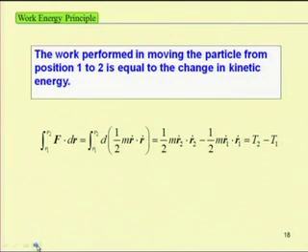Now let us see what the work energy principle is. The work performed in moving a particle from position 1 to 2 is equal to the change in its kinetic energy. From engineering mechanics, you know this.